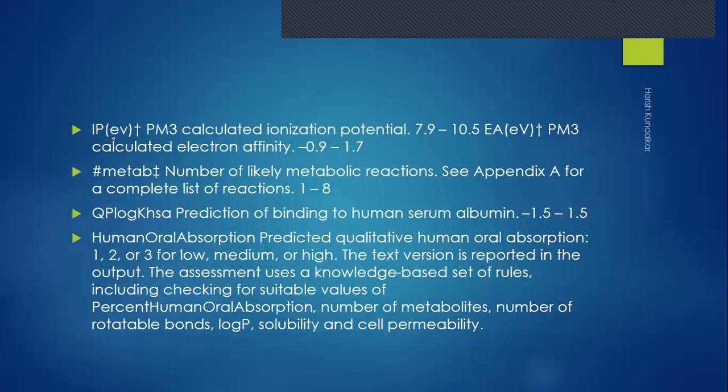Then we have ionization potential, and its value should be minus 0.92 to plus 1.7. The number of metabolic reactions should be between 1 and 8. QP log KHSA is the binding to human serum albumin. It should be between minus 1.5 and plus 1.5.